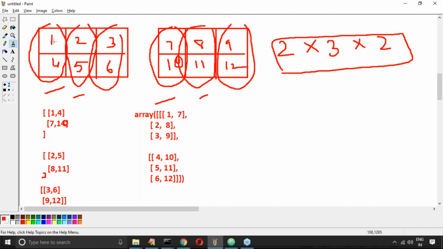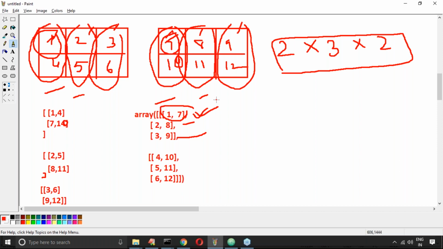How does this happen? 1, 7 is the first one, 2, 8 is the second one, 3, 9 is the third one. How can you understand this concept? Here one element, next element. Now this is the first row.